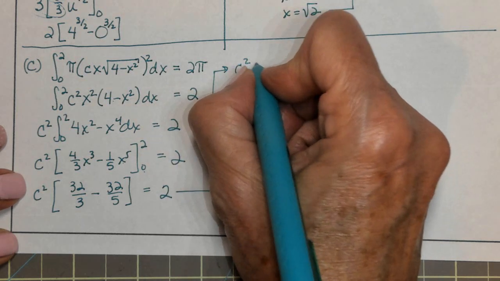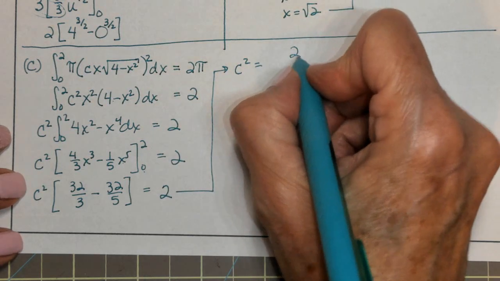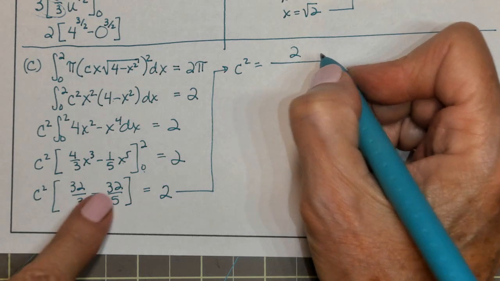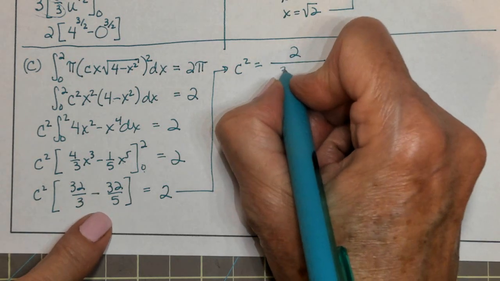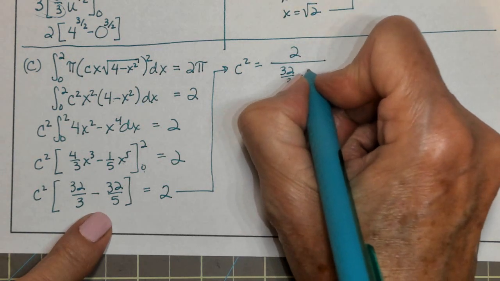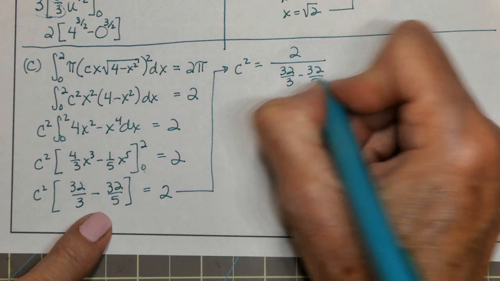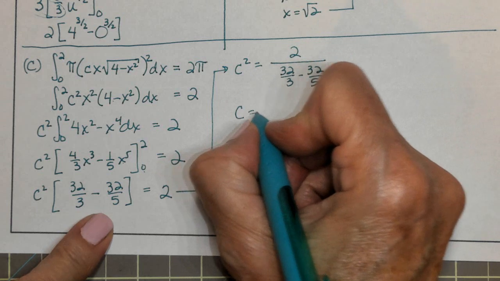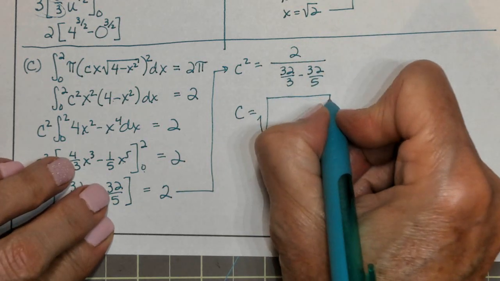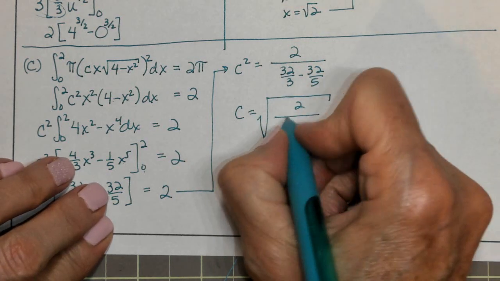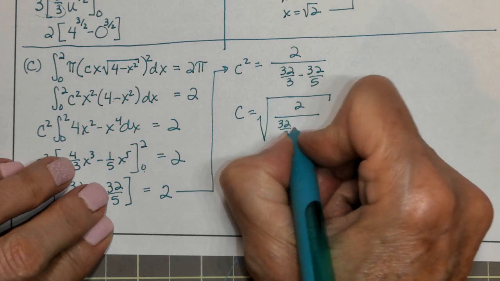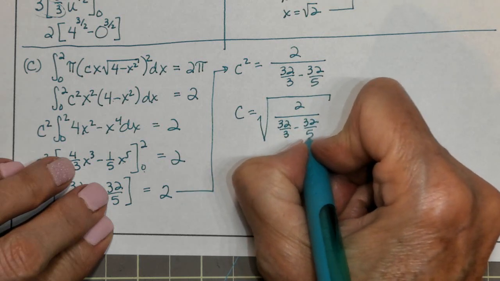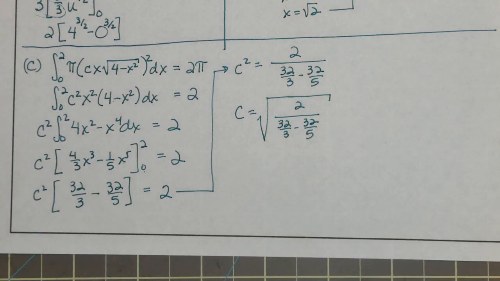So c squared is equal to 2 divided by this thing. I'm going to be safe stopping here, so I'm just going to write it. And then I take the square root of both sides. A mess, but it's correct.